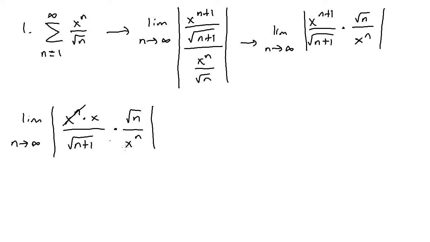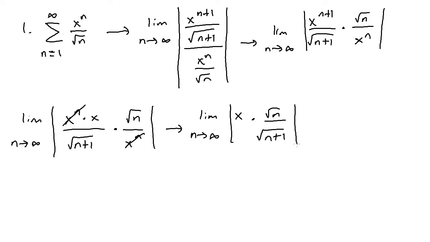Notice the x to the n's will cancel, and I'll rearrange the fractions so that I have two separate fractions multiplied by each other, so I can separate the x's and the n's. So I will rewrite it as the limit as n approaches infinity of x times the square root of n over the square root of n plus 1.